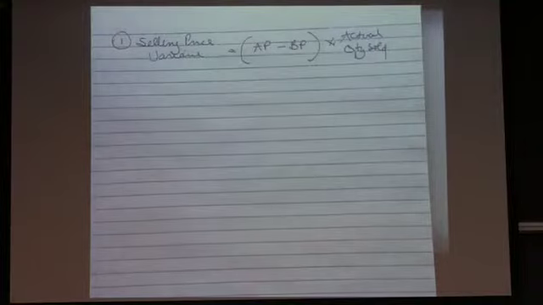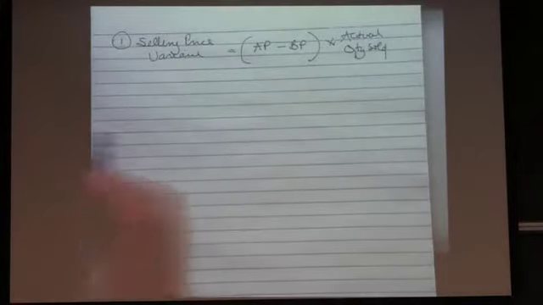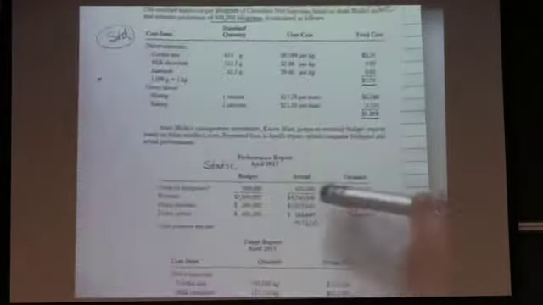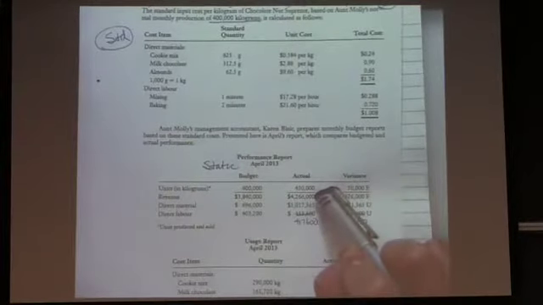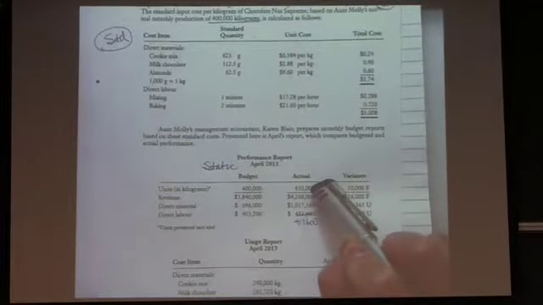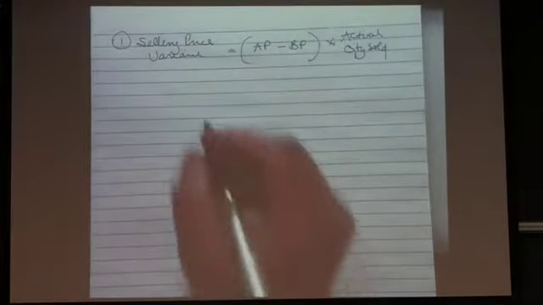So what is the actual price? We're going to take 4,266,000 divided by 450. That will tell us the actual price per unit.